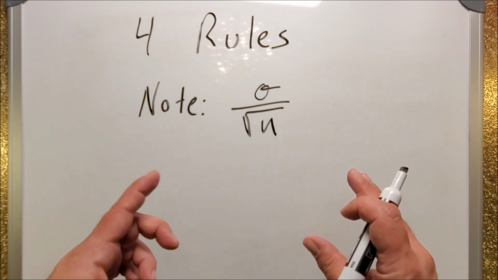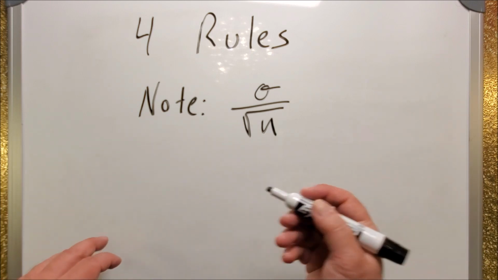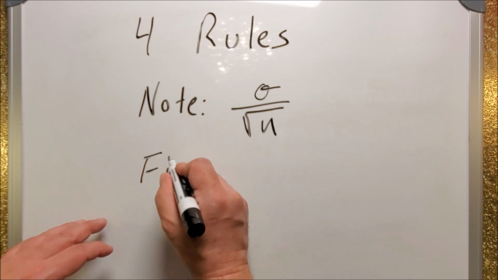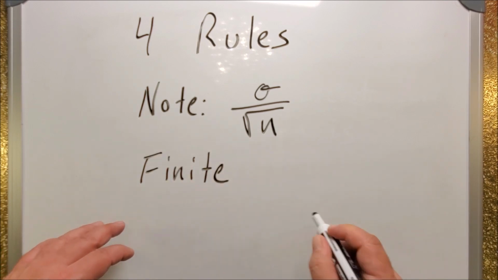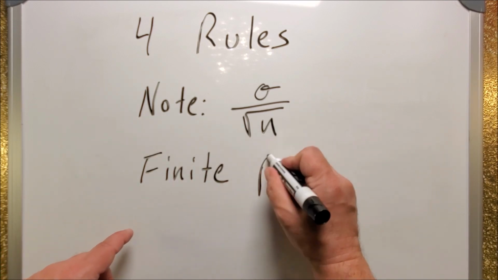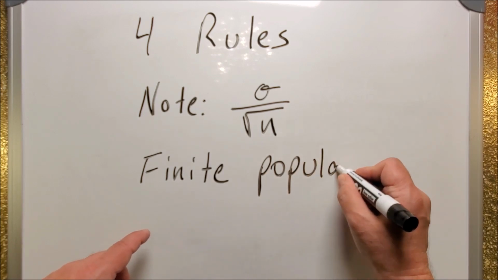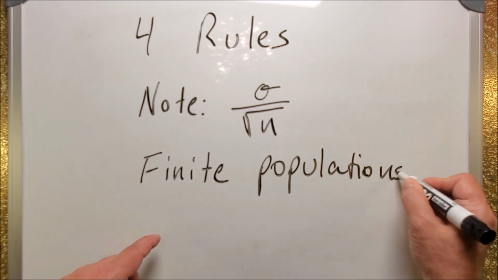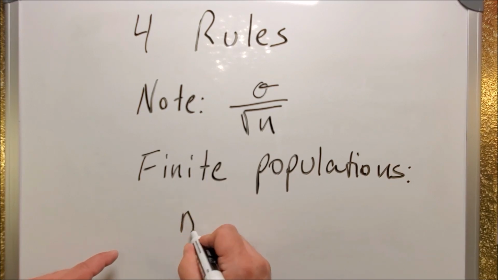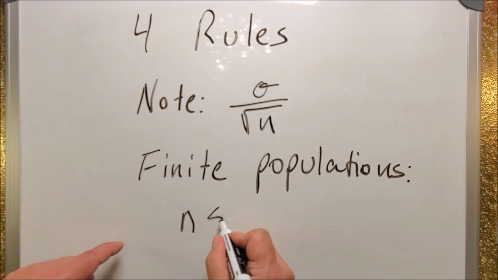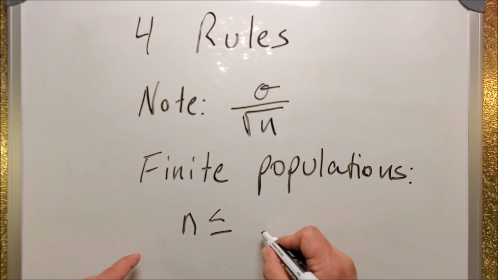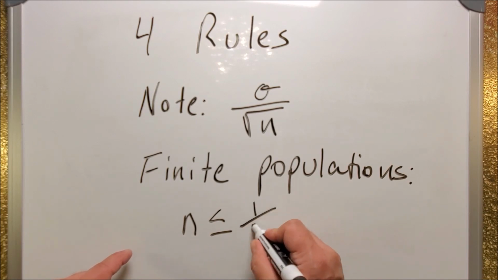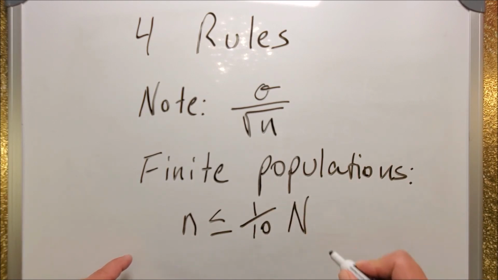But sometimes it's important to remember that for finite populations, meaning populations that aren't infinite, the sample size has to be less than or equal to 10% of the population size, or this isn't really going to work.